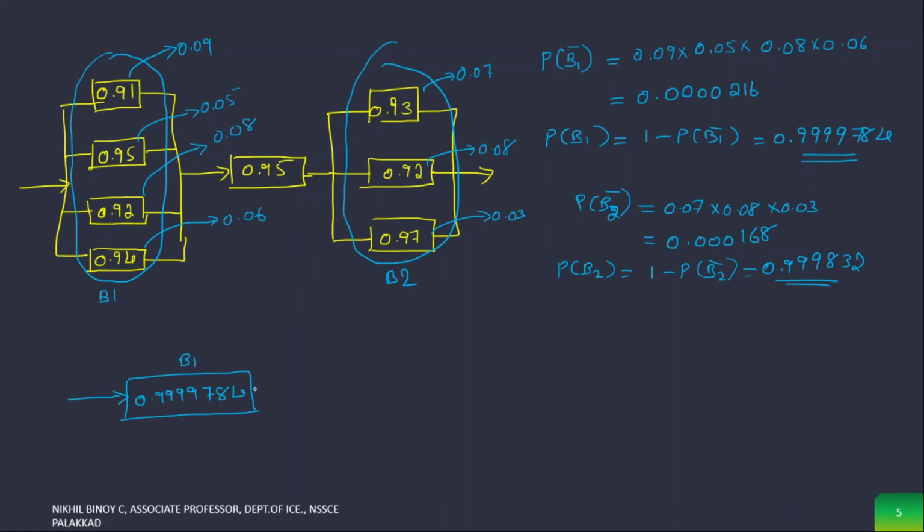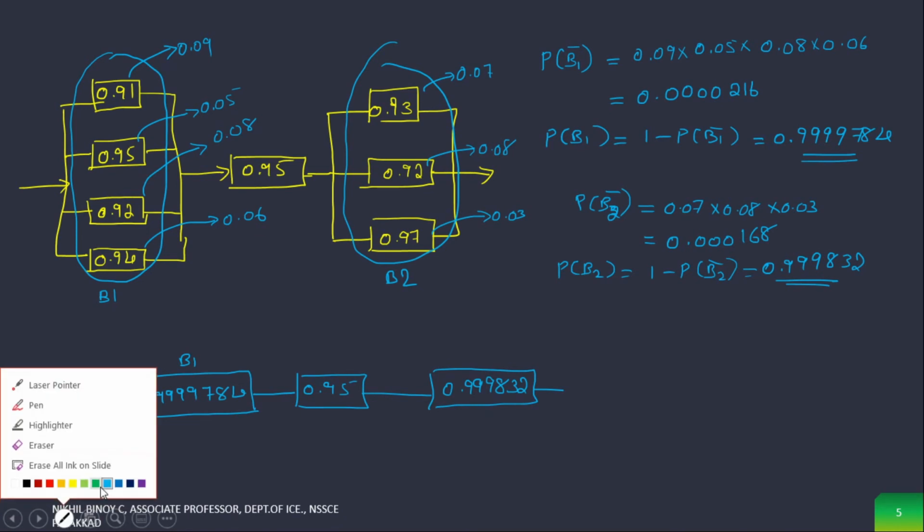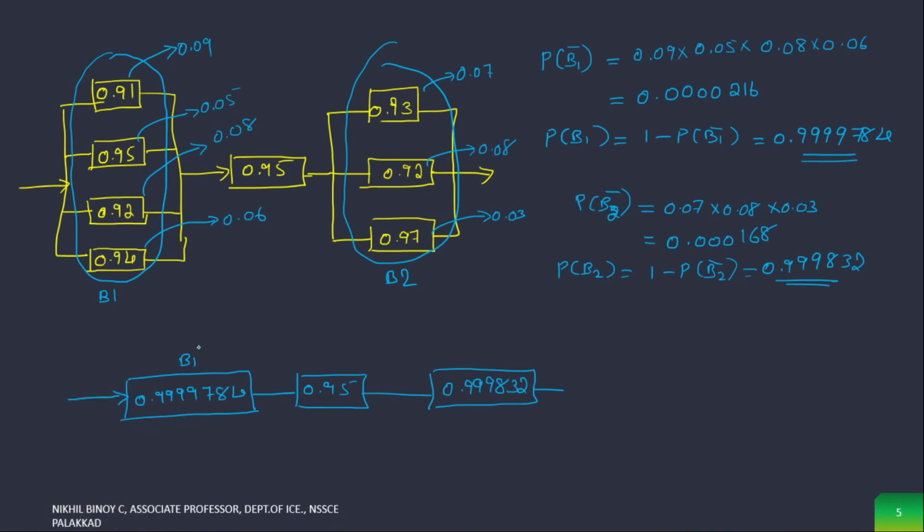Now we have this 0.95. Now we have B2, that is 0.999832. Okay, so now we have to find the reliability of this series block.